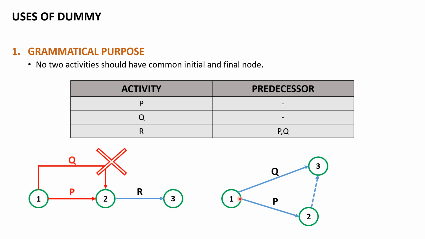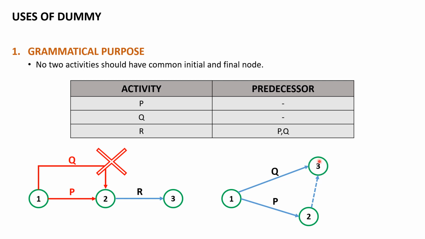Whatever resource and duration P is consuming has just been diverted to this node, right? So at event number 3 we have activity Q coming over, and we have activity P also coming over to event number 3.